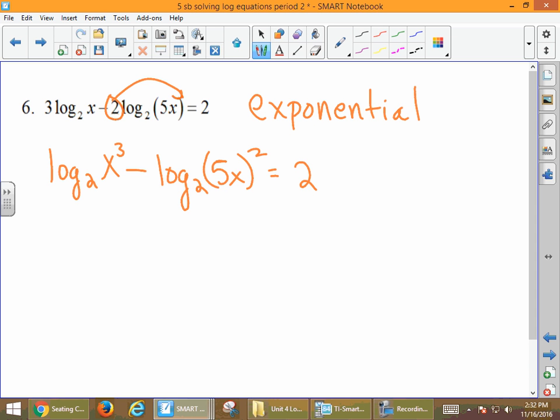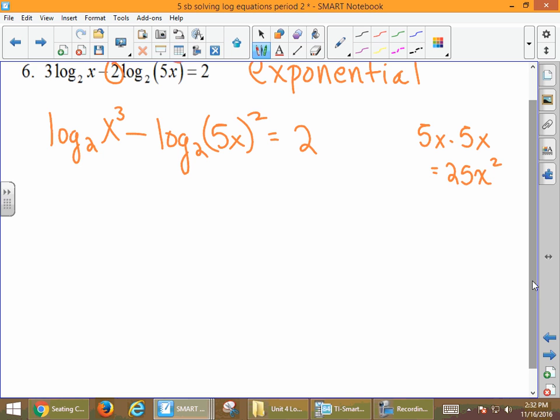The thing that I need to warn you about is that 5x squared means 5x times 5x, and 5 times 5 is 25, and x times x is x squared. So if we go back and rewrite that equation, it's going to be log base 2 of x cubed minus log base 2 of 25x squared equals 2.